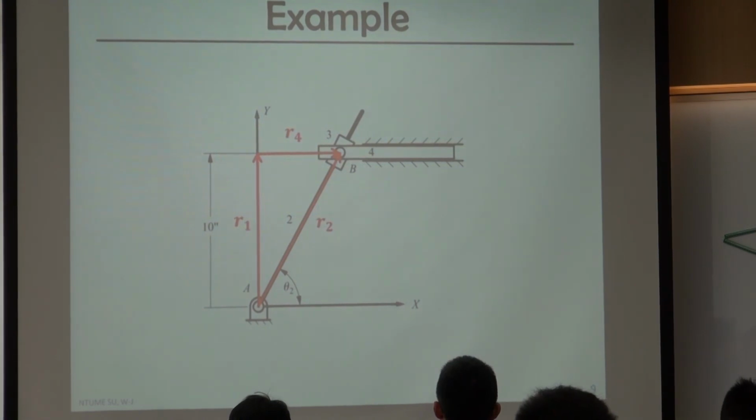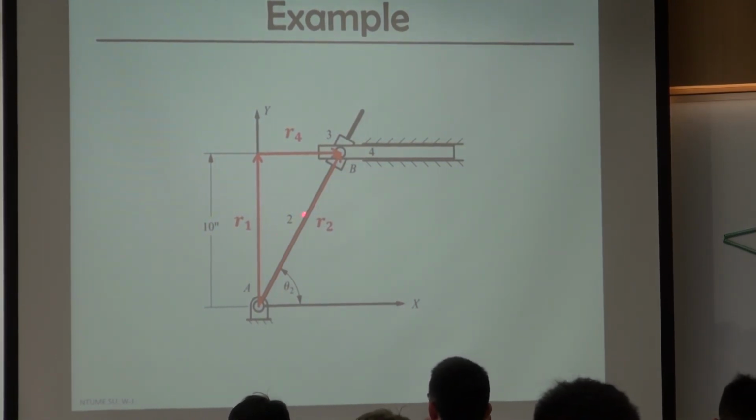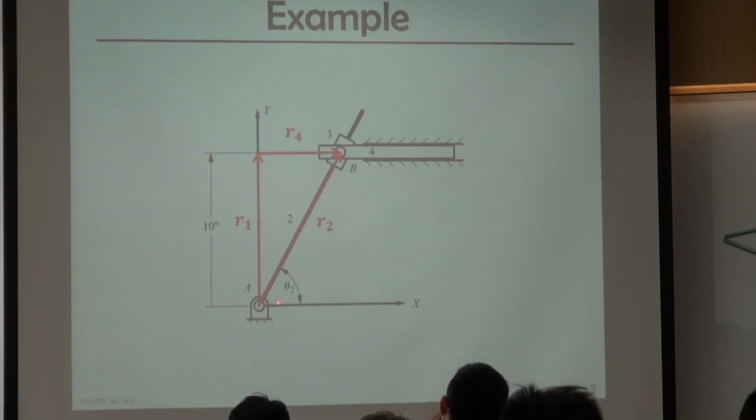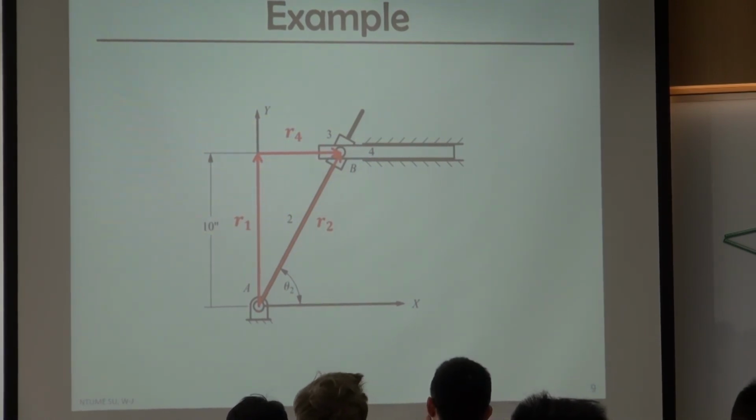Okay, so just a few more examples, and it's already shown here. There's also a 4-bar linkage. Right now there's an R joint and 2 sliding joints. It's also a 4-bar.